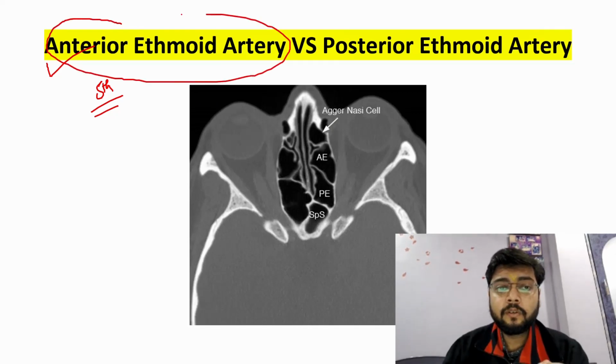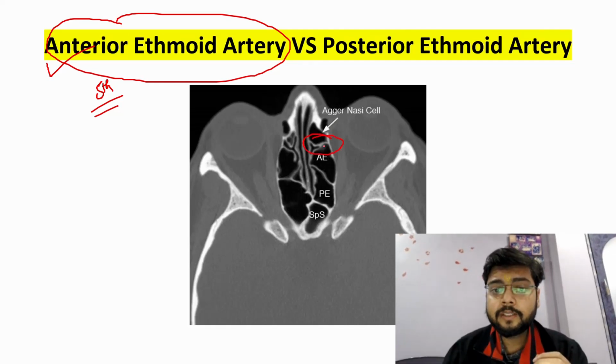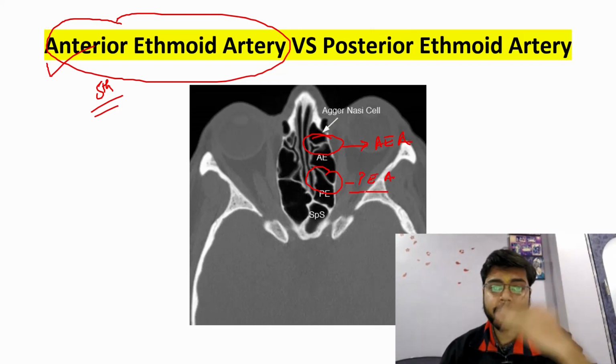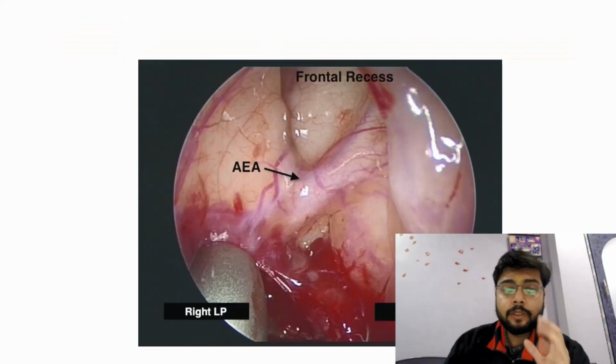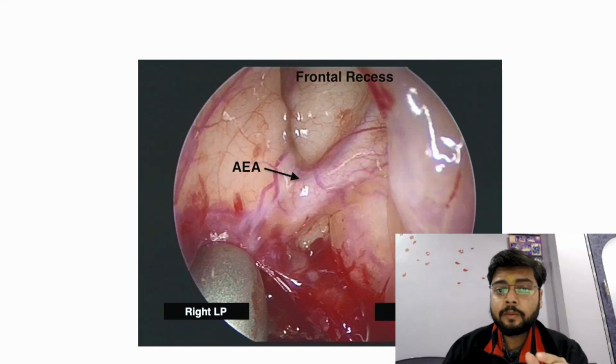First, what is this structure, and second, whether it is the anterior ethmoidal artery or the posterior ethmoidal artery. This one is an axial cut of a nose and paranasal sinus scan.